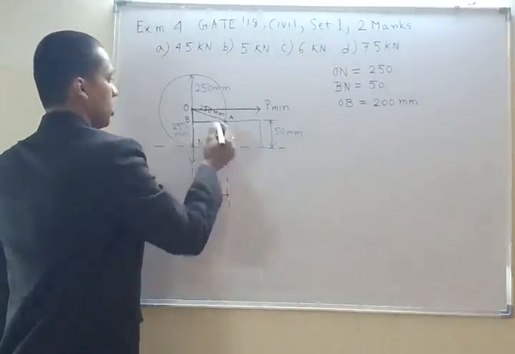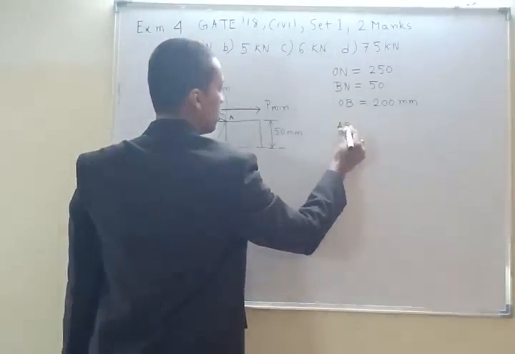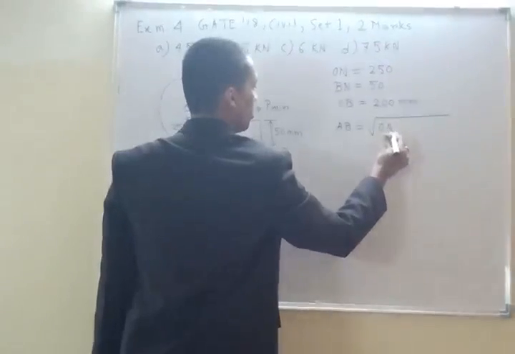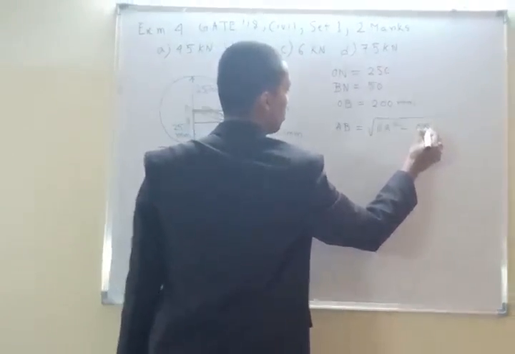So what is AB? AB is equal to the square root of OA square minus OB square.